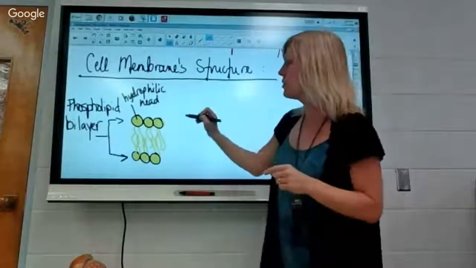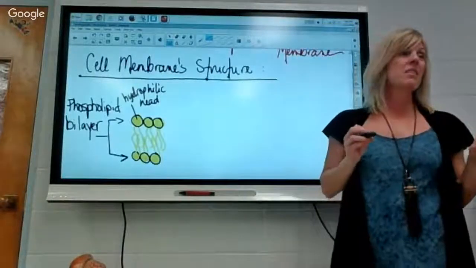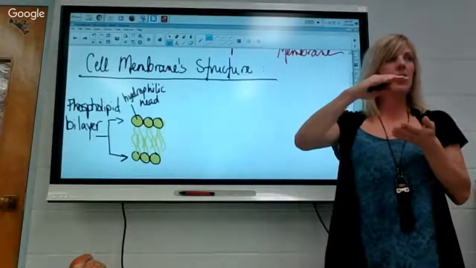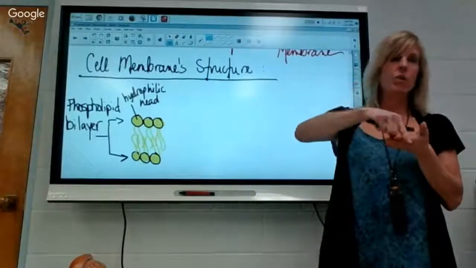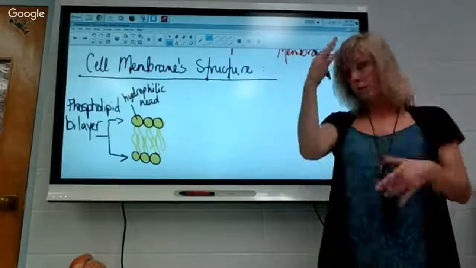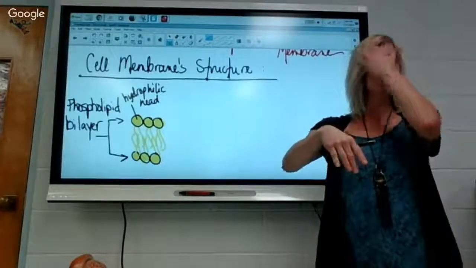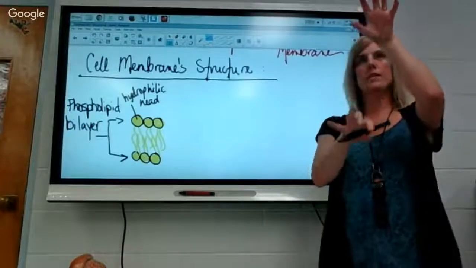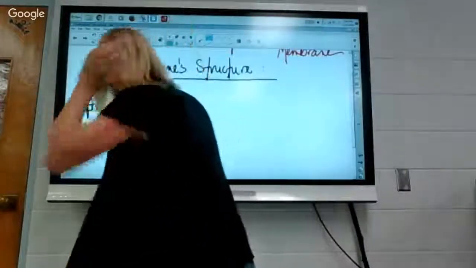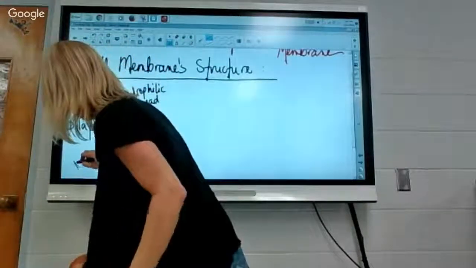And the tails are hydrophobic. So it's wild that they love water here, but we have to try to get the water through those tails that don't like it very much. We're going to notice that it's a natural movement of water from one side to the other, but it's not so easy sometimes. So these little tails are hydrophobic.